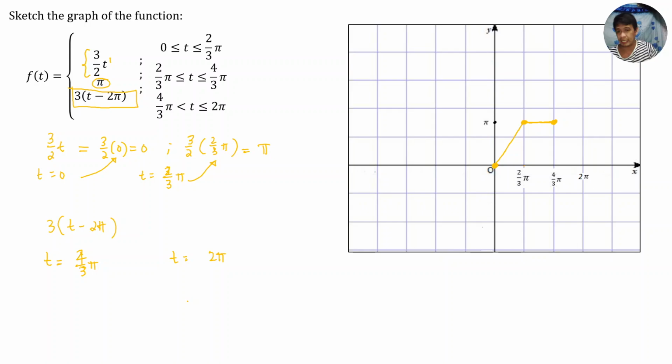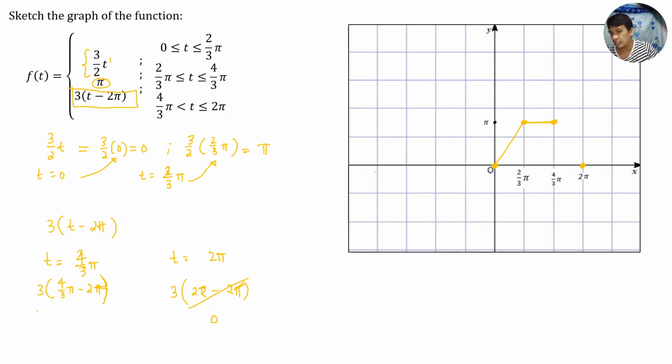So substitute lang natin siya dito. 3 times 2 pi minus 2 pi is 0. So ibig sabihin, for 2 pi, that is 0. How about for 4/3 pi? So, substitute lang natin 3 times 4/3 pi minus 2 pi.